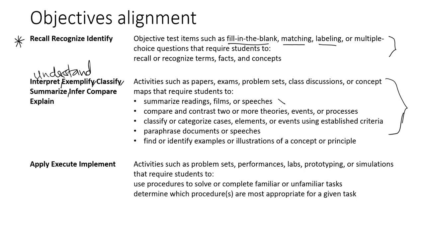Ask them to summarize something. Ask them to compare and contrast. Give them an activity that will enable them to classify, to categorize cases, elements, or something. Give them an activity that will allow them to paraphrase something, to identify, to find something.